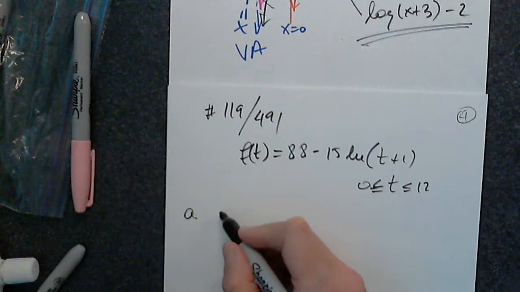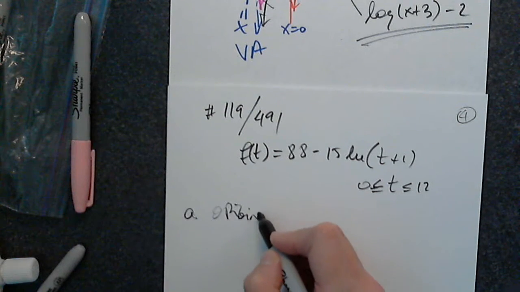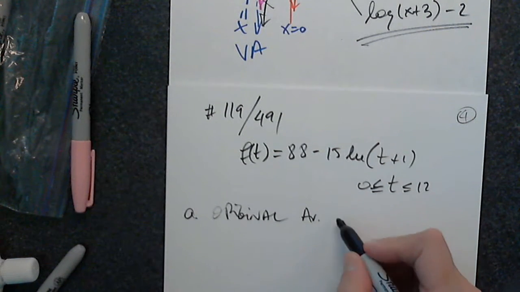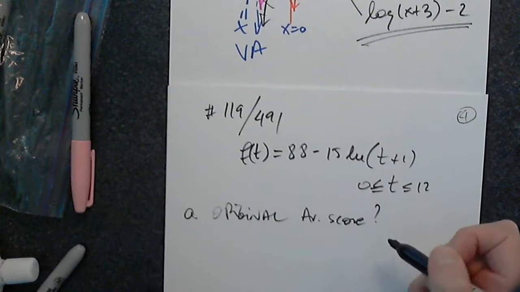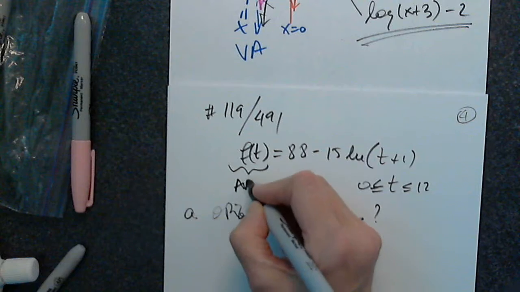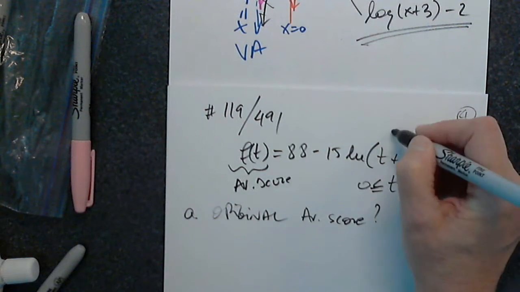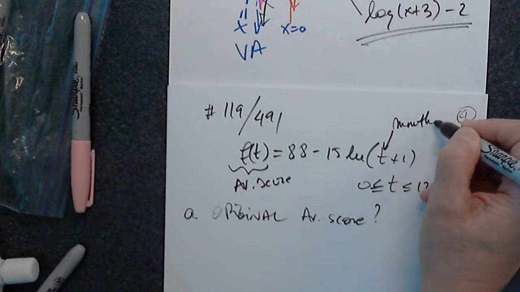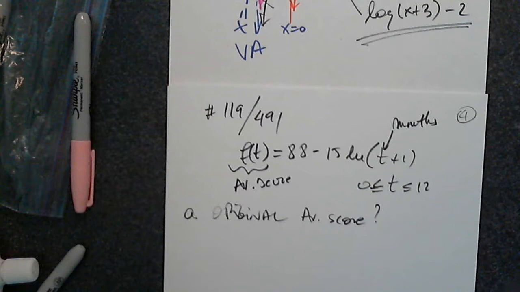And the first question is original average score. So t is in months. This is the average score. T is in months. I have to take these notes so I don't forget the measurement unit, etc.